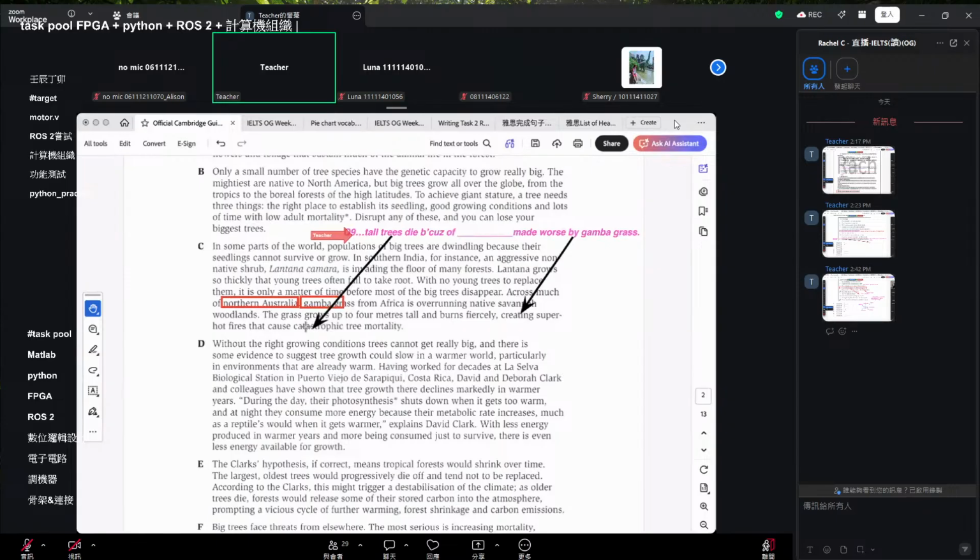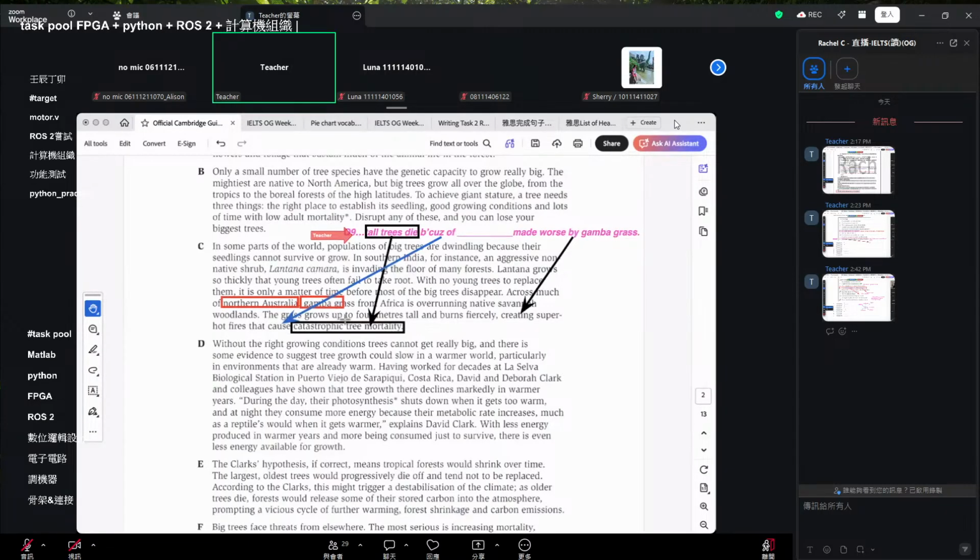Now, if we were to draw boxes around them, that refers to tall trees die. And then because of that, we go to the part where we can see it from here, the cause. All right, so that was super hot fires.